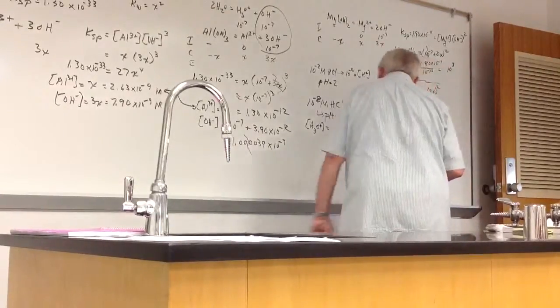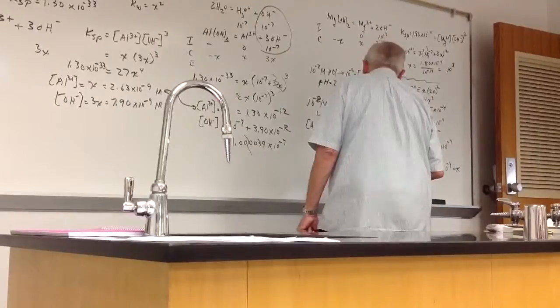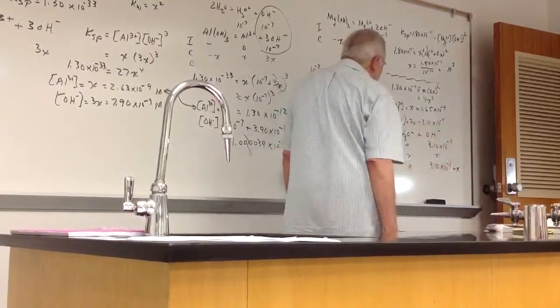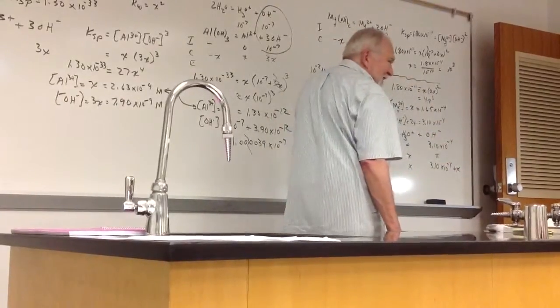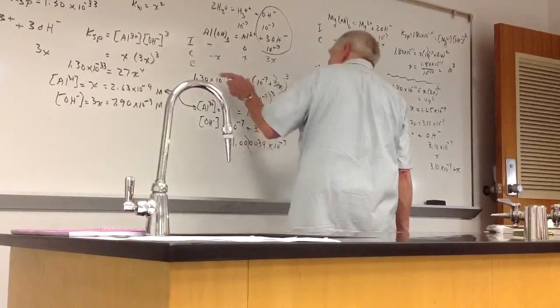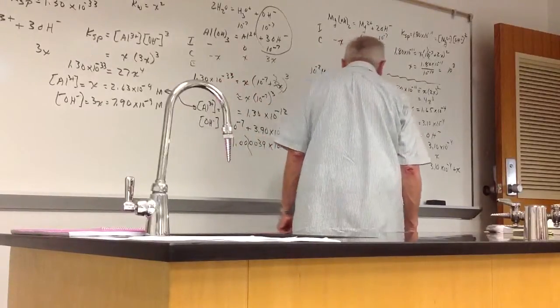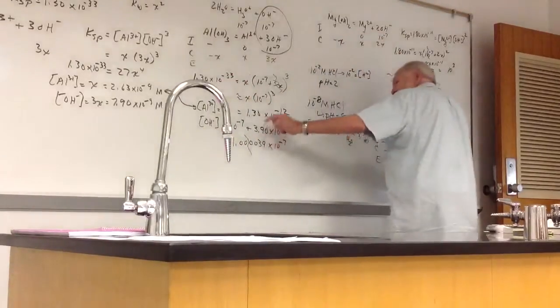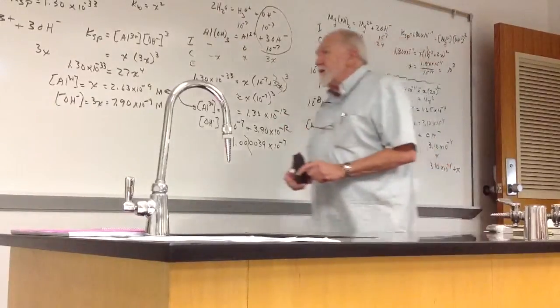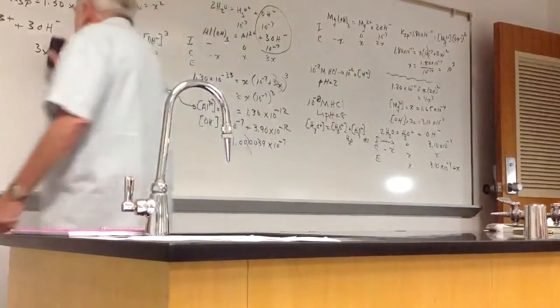And I'm going to show you why I ignored the water this time. There's always cases where you can ignore it and cases where you can't. This was one where I couldn't, because you asked me for the common ion problem. Everybody's all set with this? I know I can go way over here.